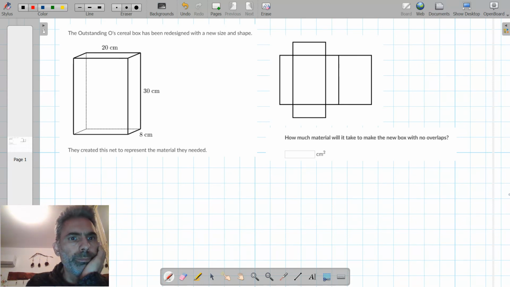Okay. So this is 20, and this is 8. So this is the top triangle. The back triangle is 20 by 30, so this is 30.